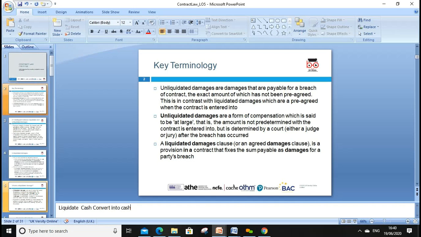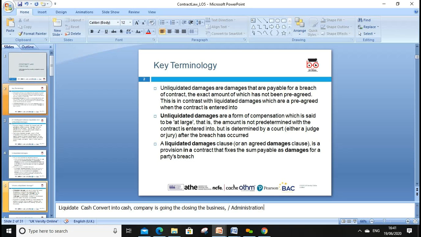Any asset. So liquidation means the company is going to close the business. And you maybe heard about administration. Yes, I heard many businesses went into administration during lockdown. So administration means they are going towards liquidation.